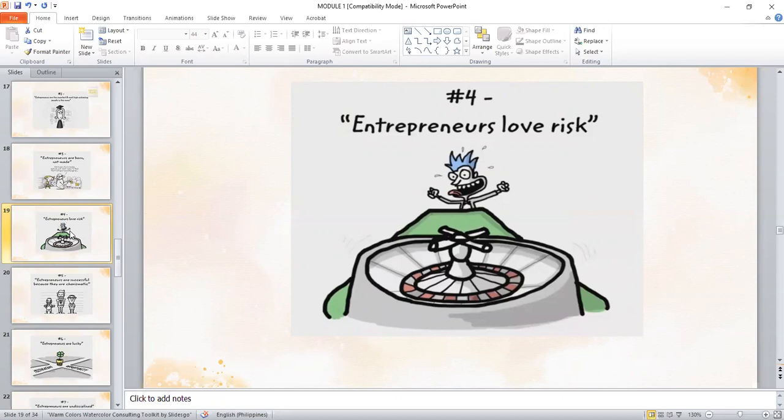Okay, they are not the risk takers in the first place, because they make sure that whatever they introduce into the market, the market would receive, just like the way they envision it.